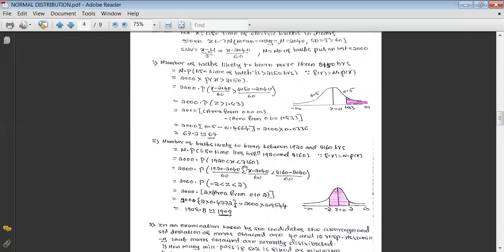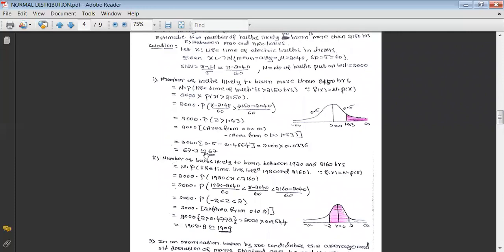Now let us go to the second requirement. In the second case, we want the number of bulbs likely to burn between 1920 and 2160 hours. Again, here we want the frequency according to this rule, that is capital N into the probability of that situation, that the lifetime of the bulbs lies between 1920 and 2160.